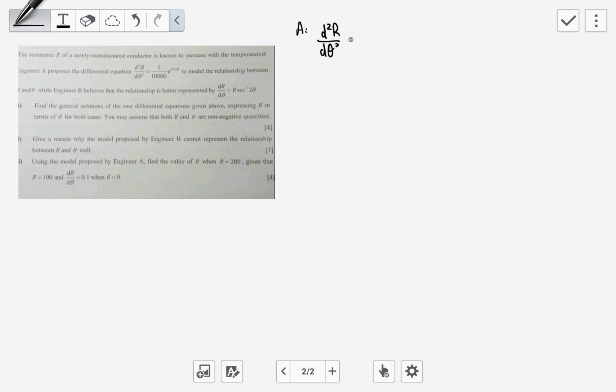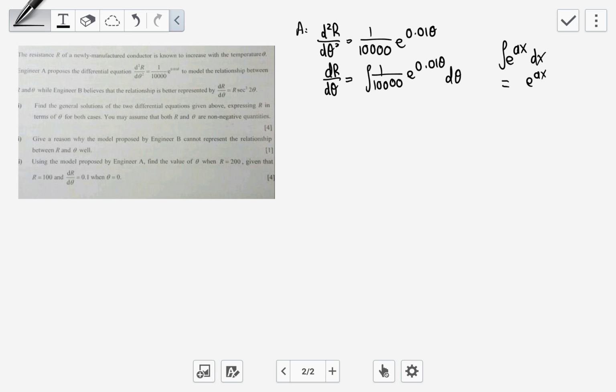Engineer A proposed that the second derivative equals 1 over 10,000 e^(0.01 theta). To integrate this once, the second derivative becomes the first derivative. We know that integrating e^(ax) dx gives e^(ax) over a plus c, where a is the constant, so now a is our 0.01.